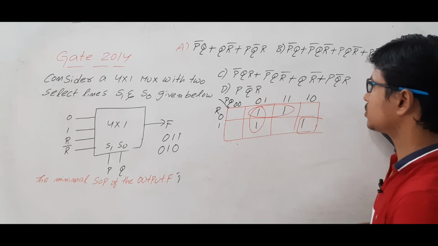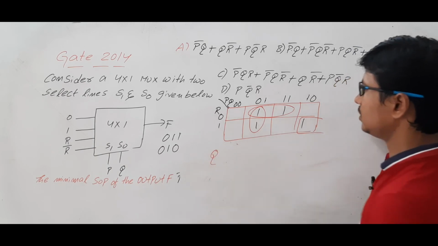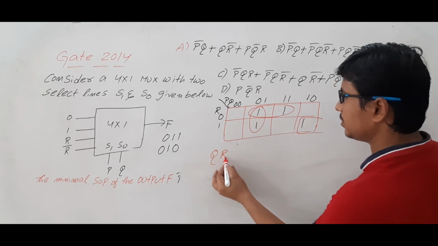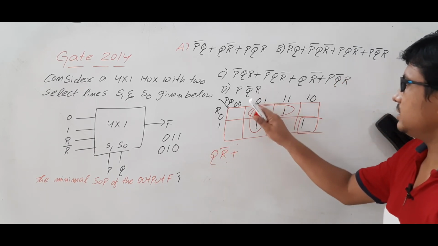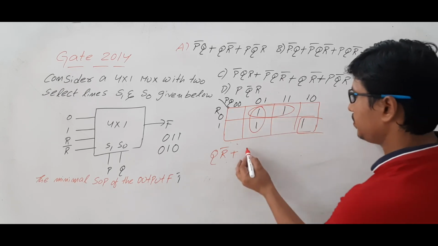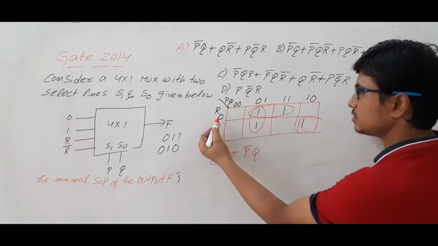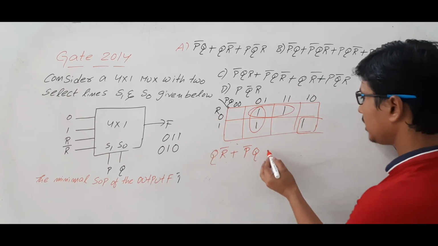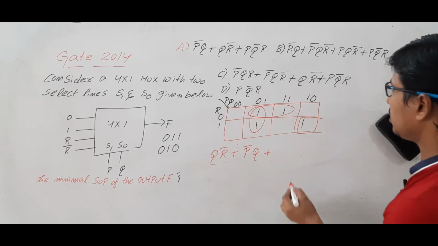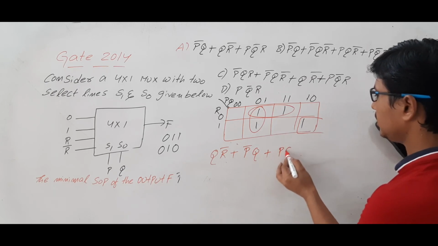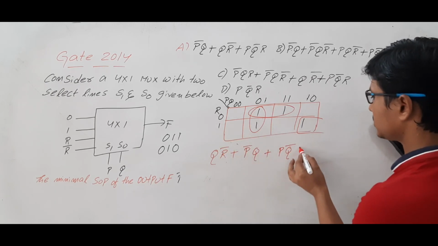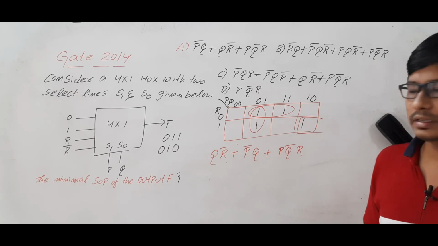The common is Q, and I have R complement. And this one is what? P complement Q, because the common one is 0 and 1. Here it is 0, 1, there is nothing common. And if you come to this one, at the column side you have P Q complement and at the row side you have R common. Is it clear?